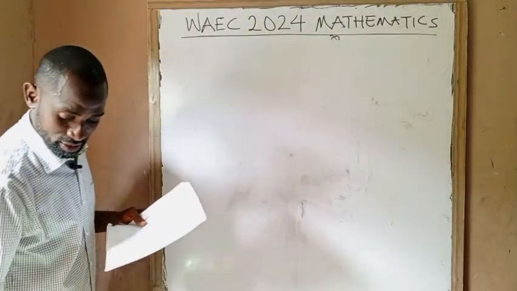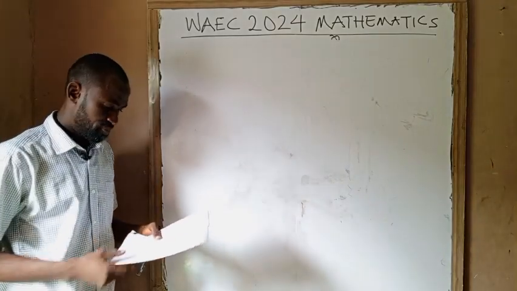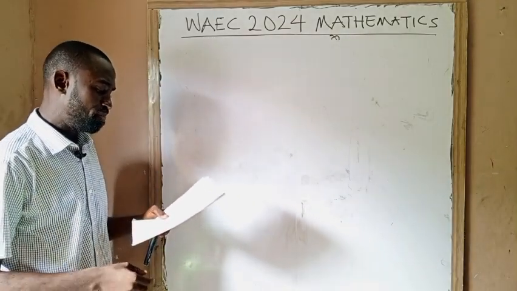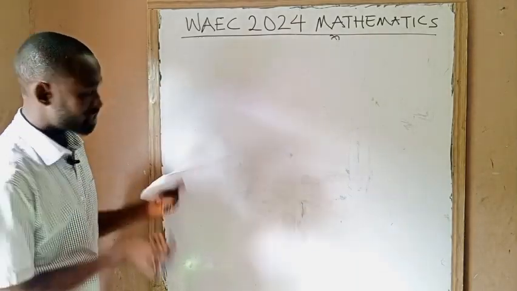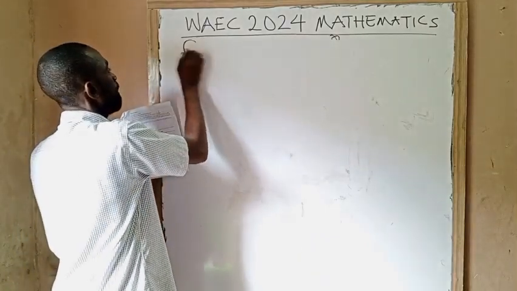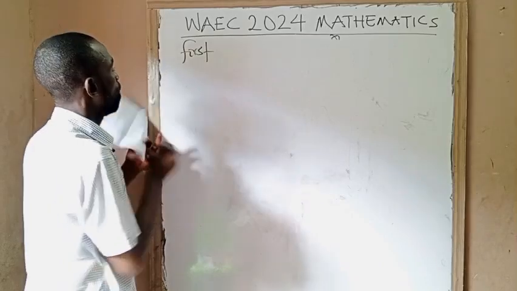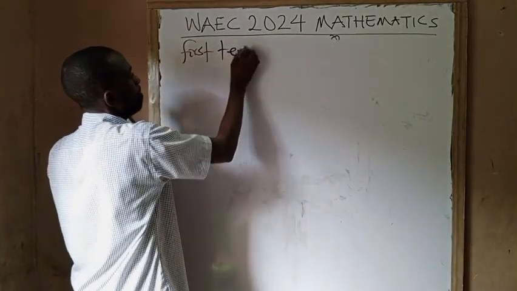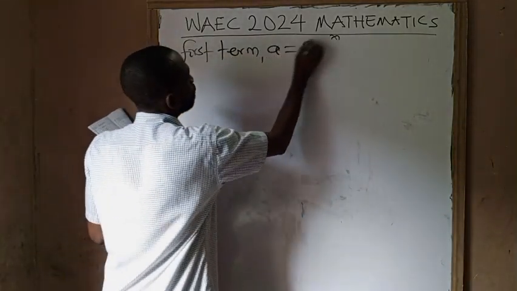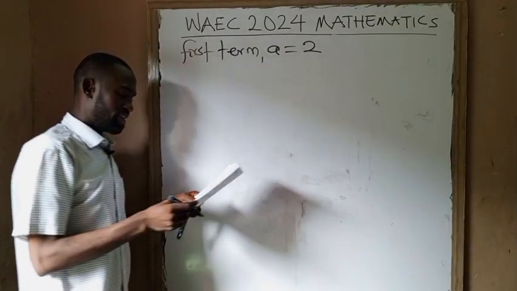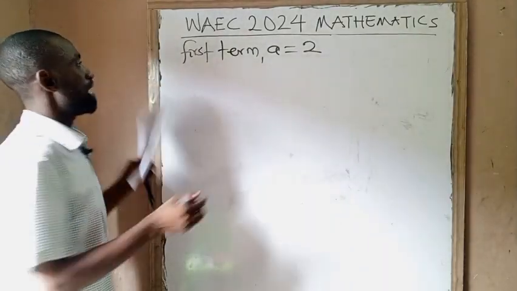Number 3, let us go to the class under AP. The first term of an AP is 2. First term means our A. First term is given as 2. What is the symbol for first term? That is A. A equals 2. Now it says the last term is 29.